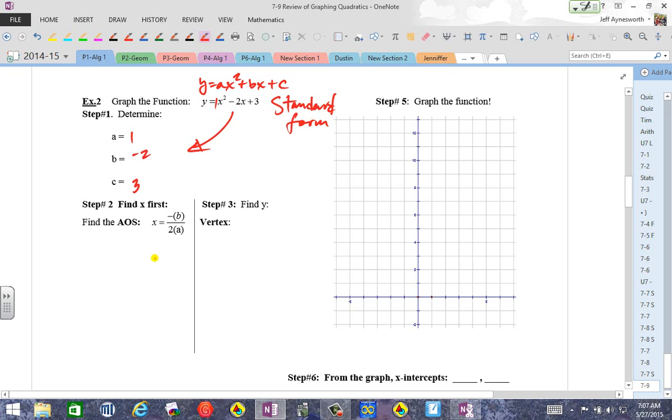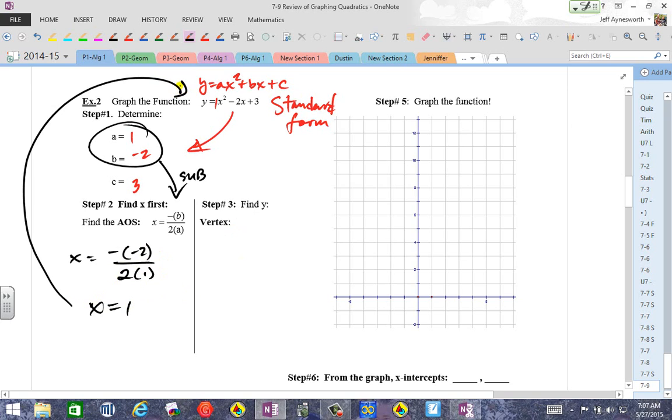And what we want to do is find the vertex, the same way we did in the previous problem. So we take these a and b values and substitute them in. You take the opposite of b, negative 2, divided by 2 times 1, 2 times a. That's 2 divided by 2, or 1. Then to find y, you take this and substitute it back.